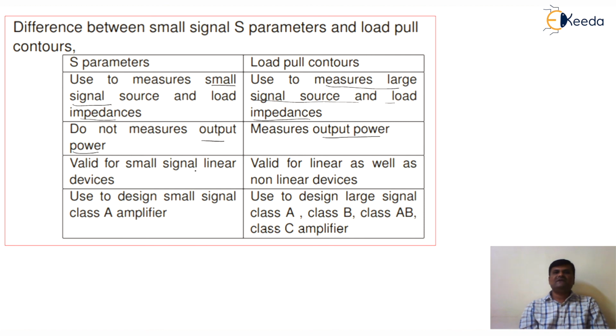S parameters are valid for small signal linear devices, meaning they are only applicable to linear devices, whereas load pull contours can be used for linear as well as non-linear devices. S parameters are used to design small signal class A amplifiers, whereas load pull contours are used for designing large signal class A, class B, class AB as well as class C amplifiers. So this is the difference between S parameters and load pull contours.